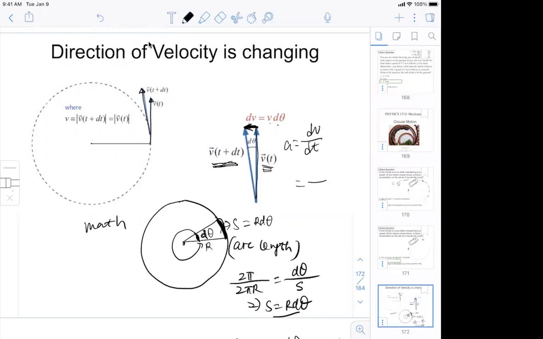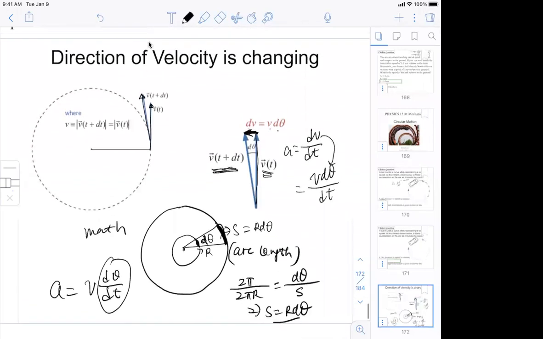So acceleration is dv over dt, and dv is v d theta. So v d theta over dt is your acceleration. So the acceleration needed to maintain a circular motion is v d theta over dt. And we will continue to talk about how to work with d theta dt in the next class. We call that omega, which is the angular velocity. But we will save that for the next class, okay?